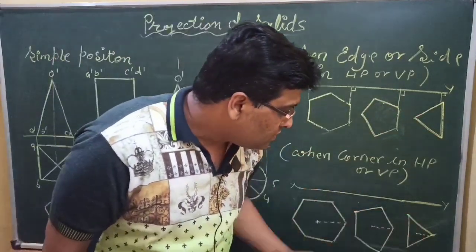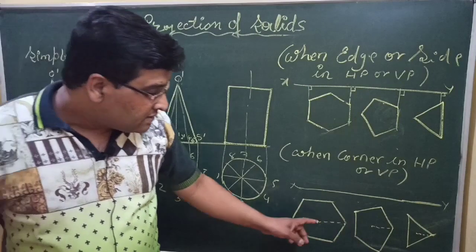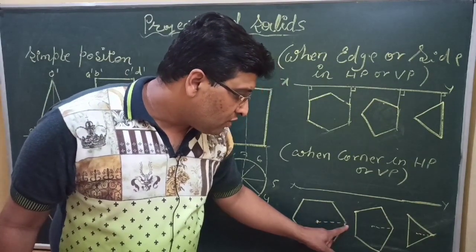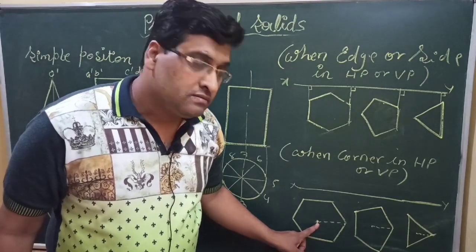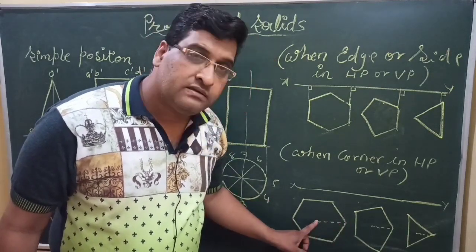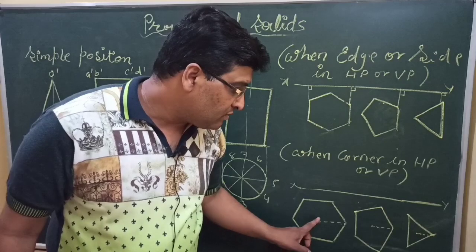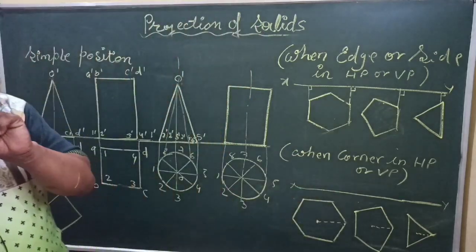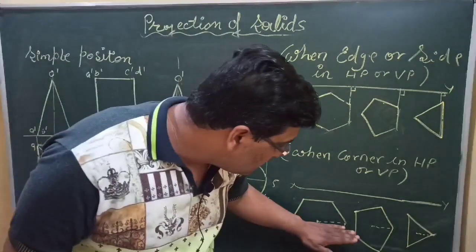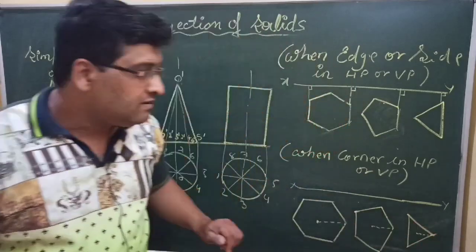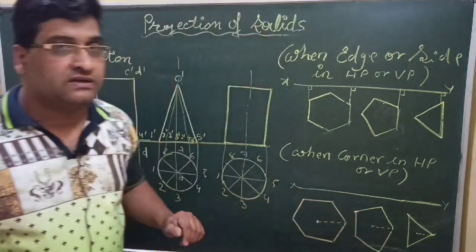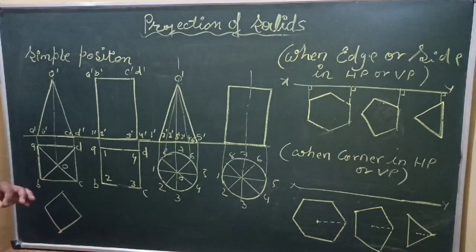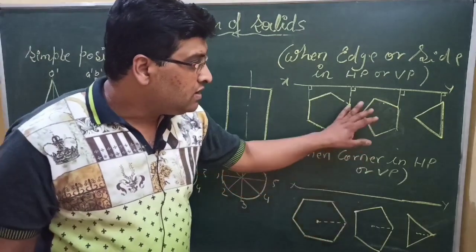So the simple fundamental is that the resting point or resting corner to the center, the imaginary line joined must be parallel to the XY line. Okay, so you can see here these, this and this. These three imaginary lines joining center to the resting point are parallel to the XY line in these figures. So this is the basic fundamental which you can follow for drawing these.